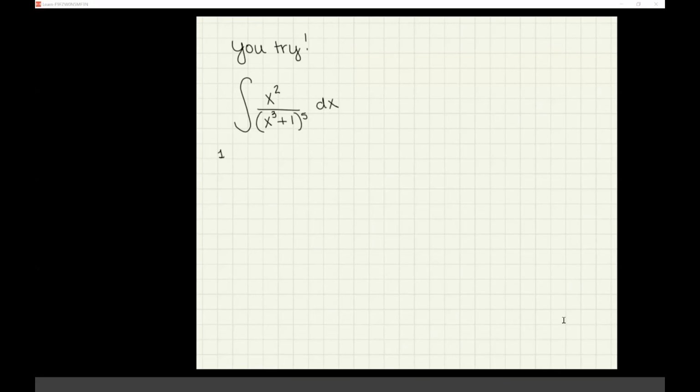Okay, and here are the steps. Choose u. Determine what du is. I guess the way they said it in the book was this way. I'm going to write it like this.